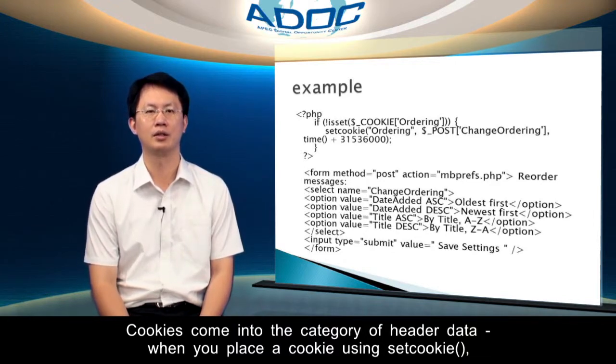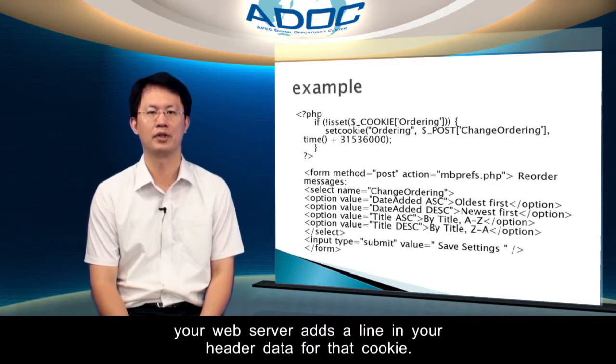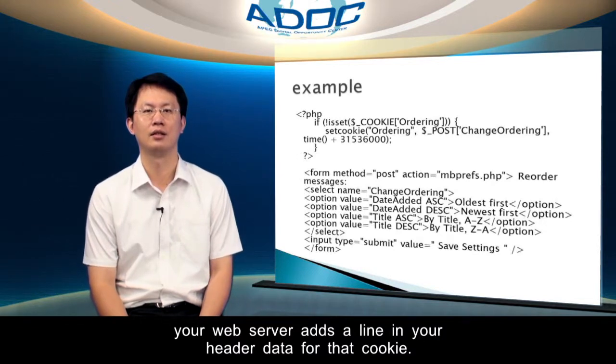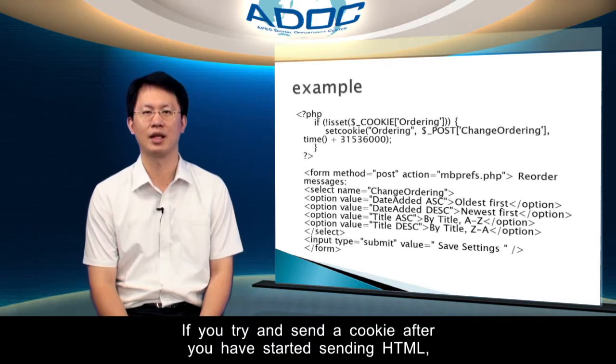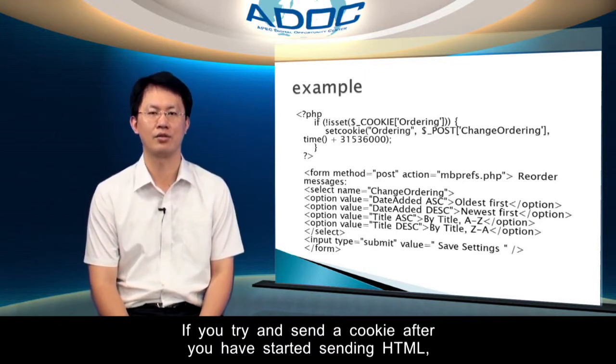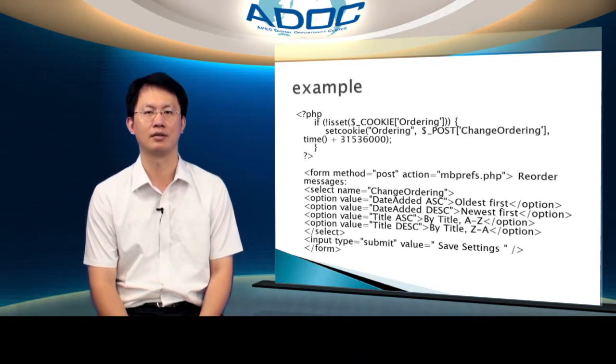When you set a cookie using setcookie, your web server adds a line in your header data for that cookie. If you try to send a cookie after you have started sending HTML, PHP will flag serious errors and the cookie will not get placed.